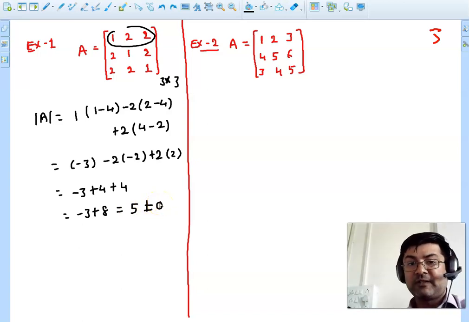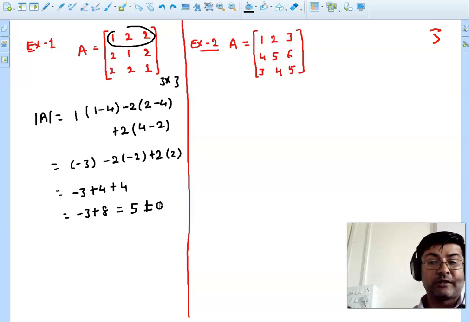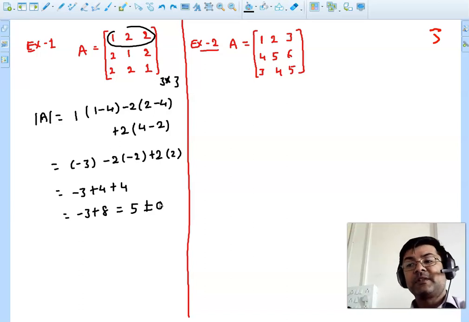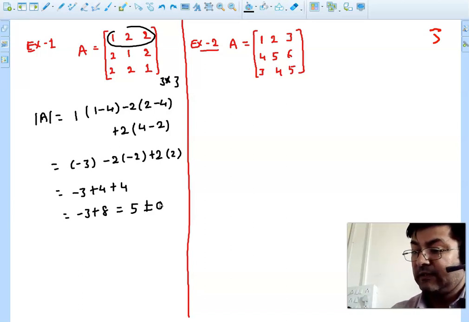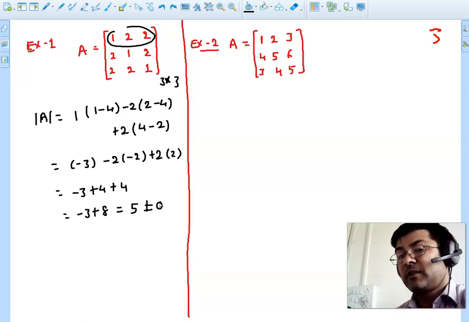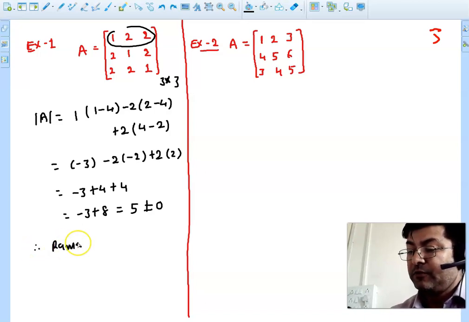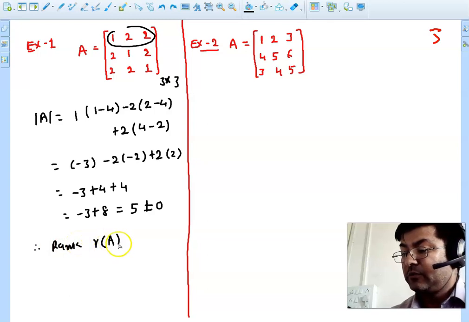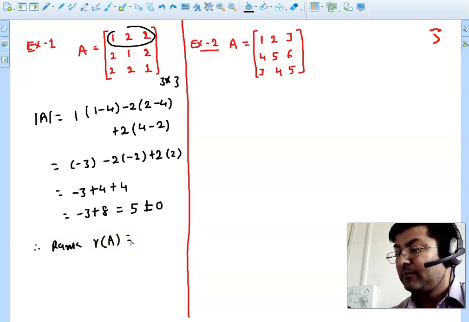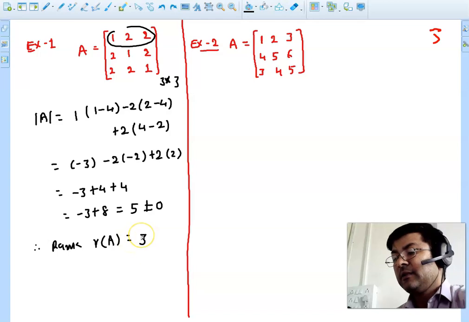And therefore we will say that A is not singular. Now if A is non-singular, then the rank will be 3 only, because matrix A is of the order 3 by 3. We use the symbol R of A to denote the rank. Rank of matrix A is 3.